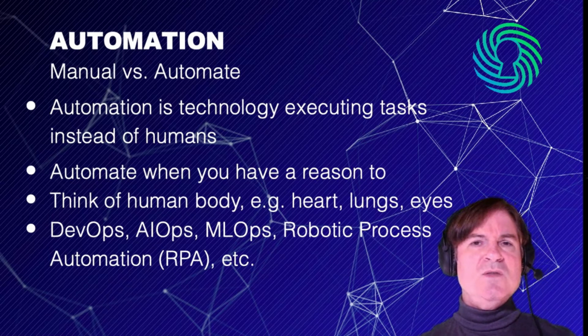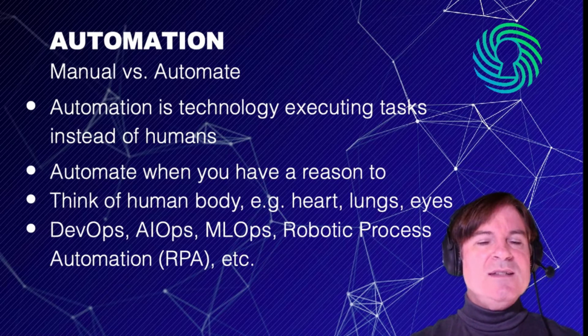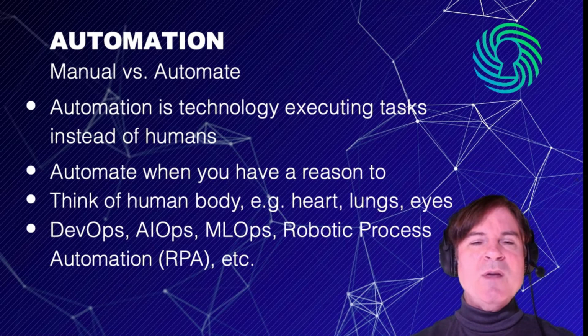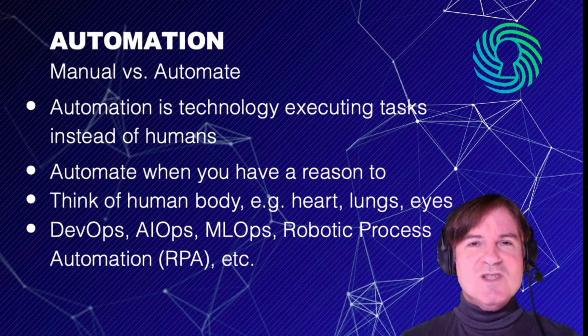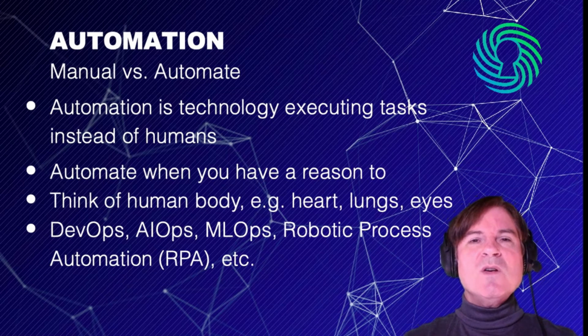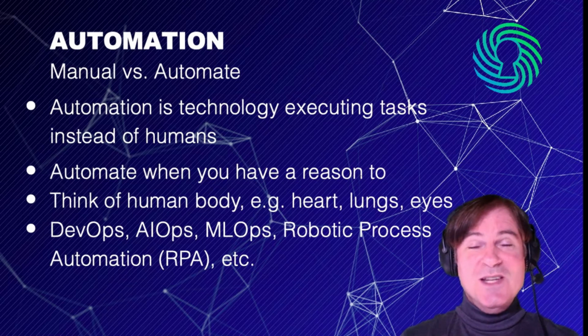I want to introduce you to some terms: DevOps, AI ops, ML ops. DevOps is really software engineering development, and ops is operations, IT, the folks that handle your network and your repositories and your software solutions. AI ops is artificial intelligence operations. ML ops is machine learning ops.